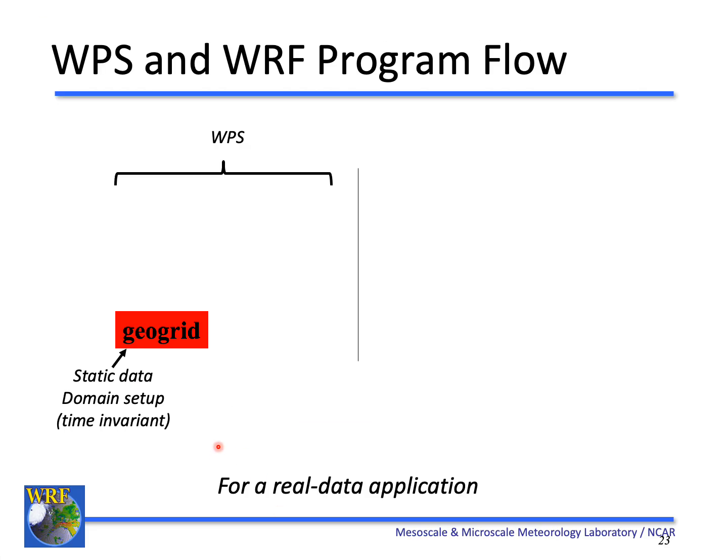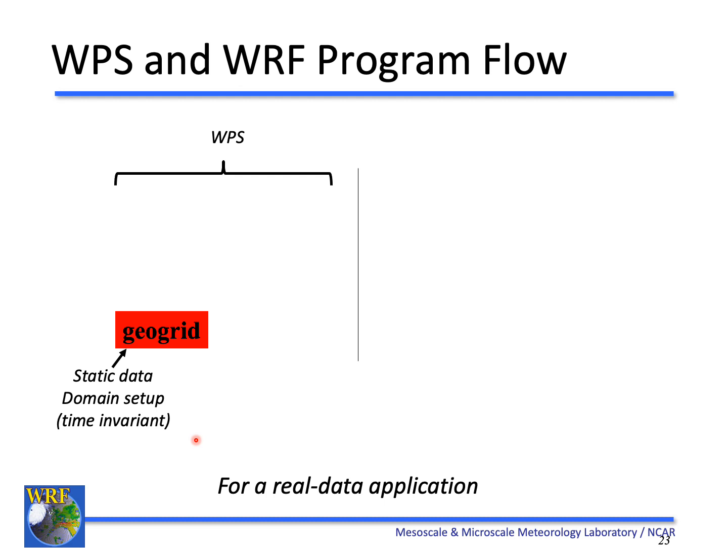Here is a closer look at the WRF pre-processing system and the WRF programs. Program GEOGRID is the program we use to design our simulation domain. And we use it to interpolate terrestrial data onto the model domain.